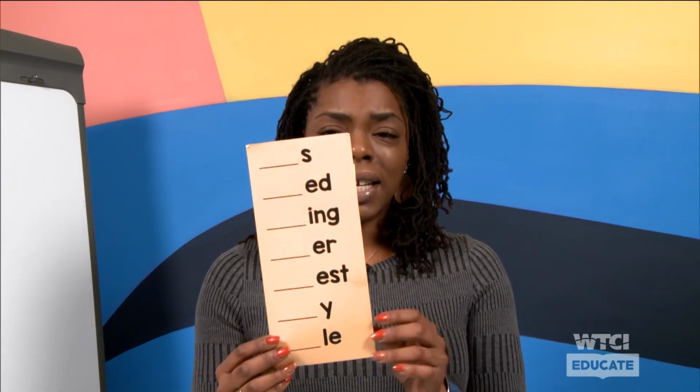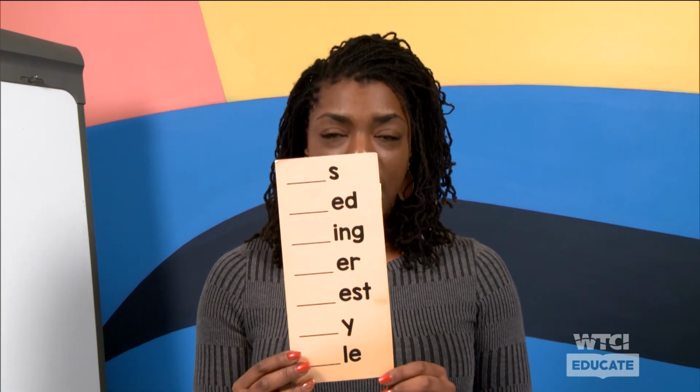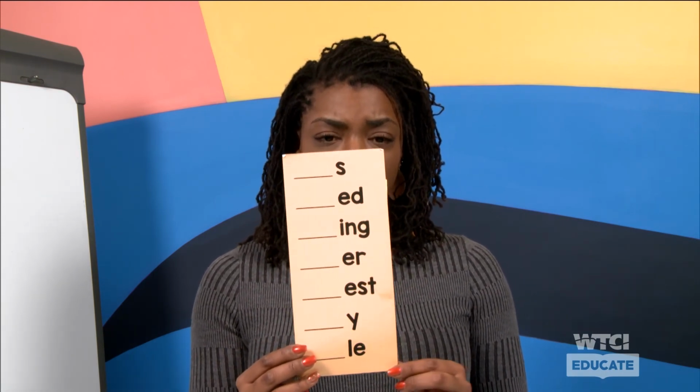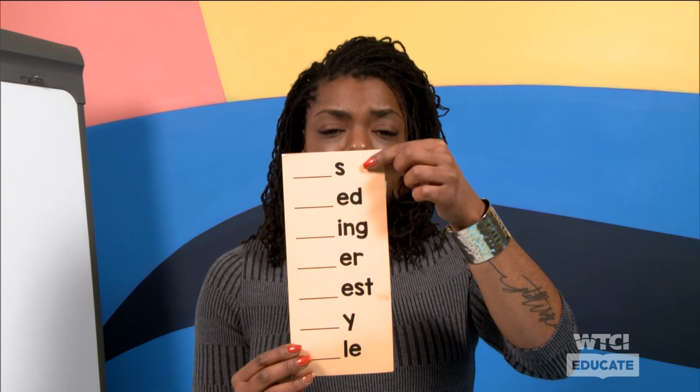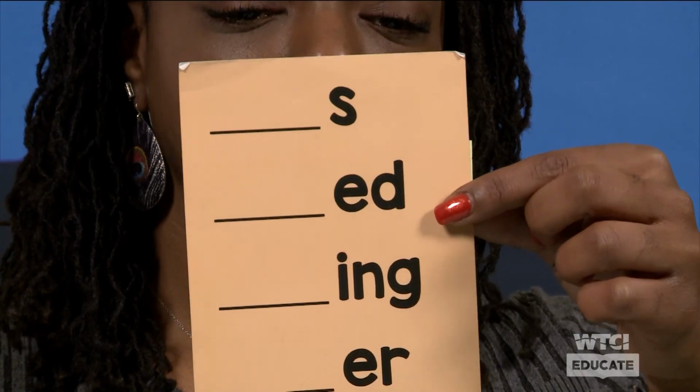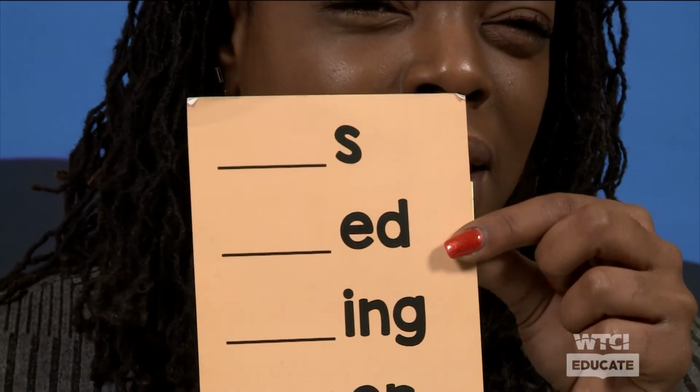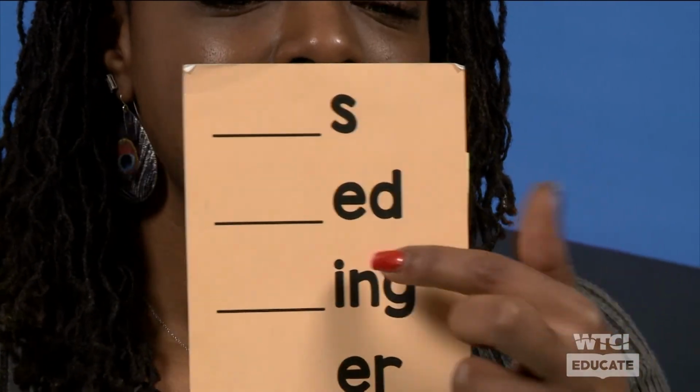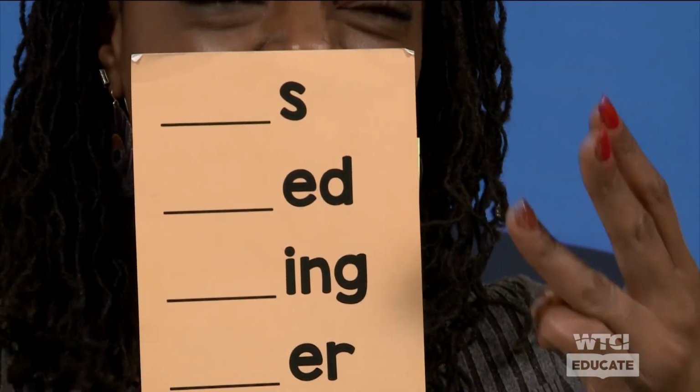Great job. All right, now we are also going to look at word endings today, okay? So these are the endings that we can add to a word that we already know how to spell, okay? So I'm going to show you what these word endings might look like, okay? So we have s, ed, and this is tricky because depending on how a word is spelled, this can say 3 different sounds.